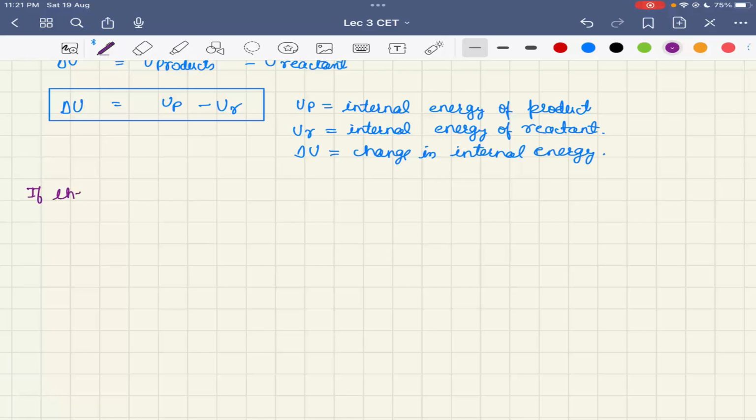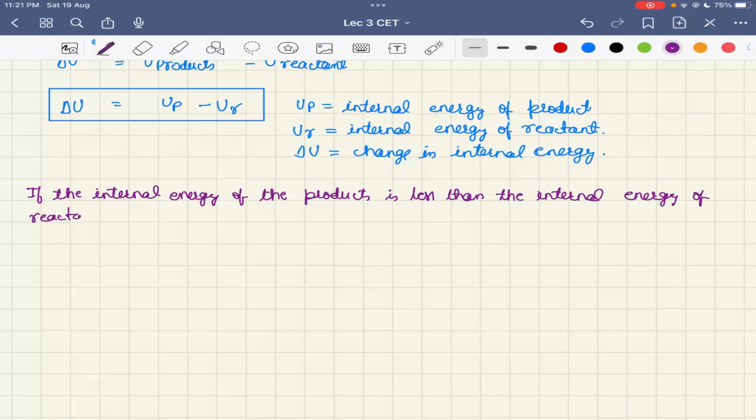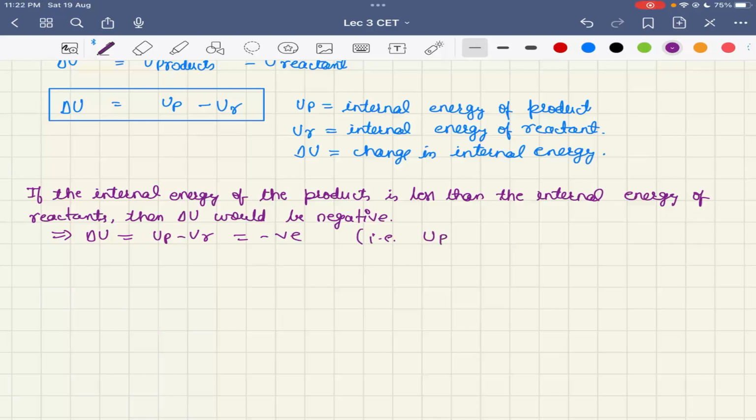If the internal energy of the products is less than the internal energy of reactant, then delta U would be negative, which means delta U, which is UP minus UR, is negative. That is, UP is less than UR. This is the first point.